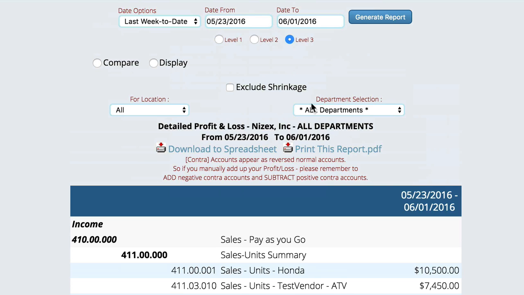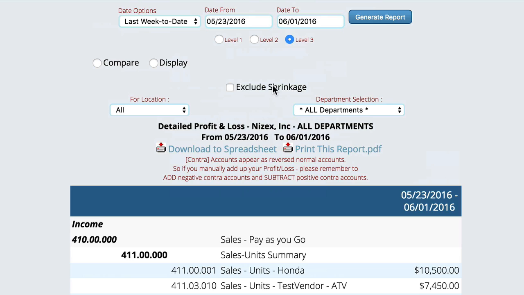We also have the ability to run the profit and loss based on departmental. So if you're using departmental accounting, you can actually tell it to look at the P&L specifically for parts or service or new unit sales, however you have your departments set up. And in addition, if you have multiple locations, we can tell it to run for multiple locations.